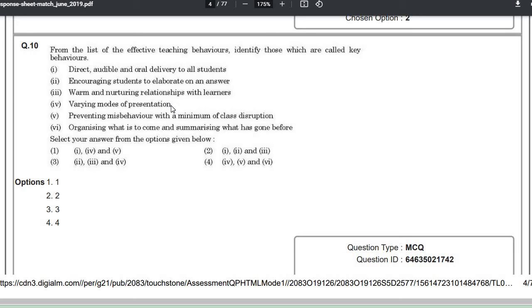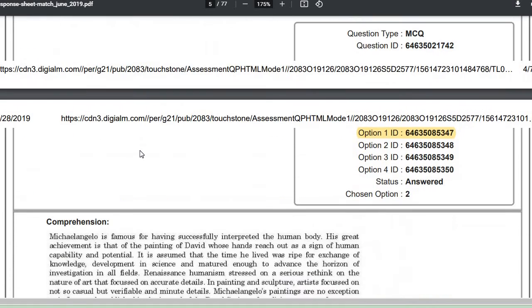And the next one, preventing misbehavior with the minimum class disruption, is also relevant. The last one, organizing what is to come and summarizing what has gone before, is not relevant. So the answer is 1, 4 and 5, which is in option number 1. So question number 10, the answer is option 1.